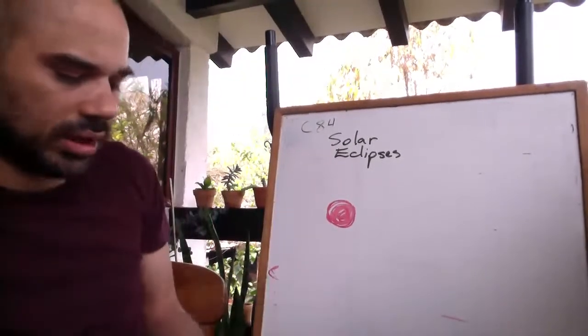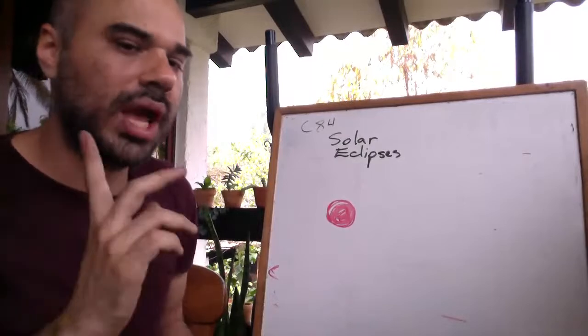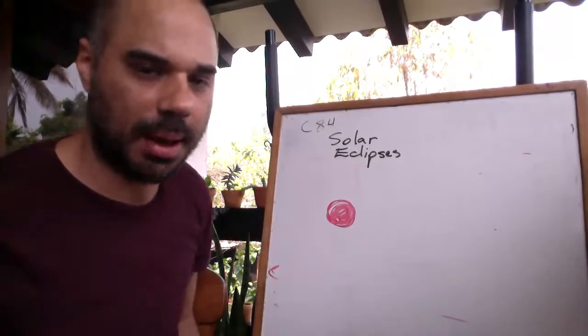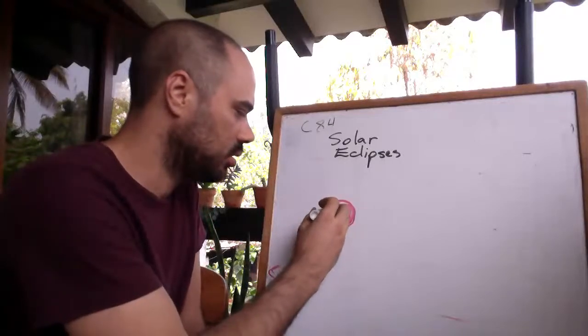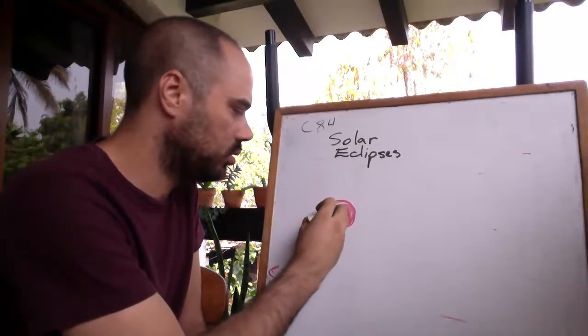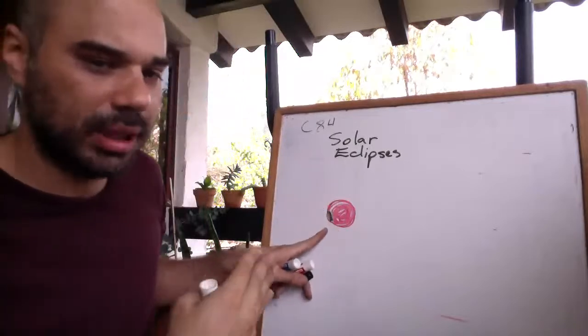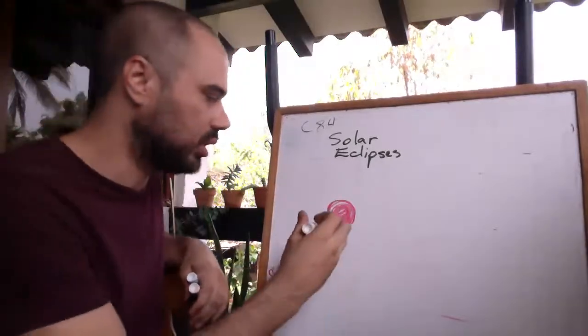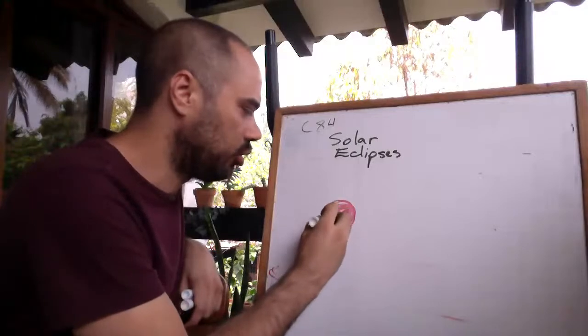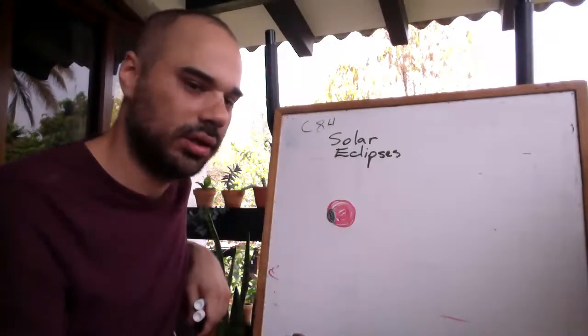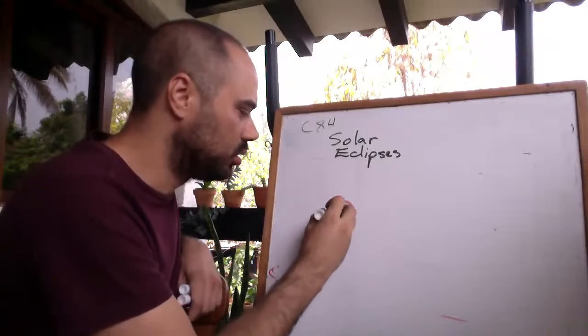Now, the thing is, when we have a solar eclipse, something strange is going to happen. A little bit, minute by minute, second by second, you will see a little bit more of the shadow of the moon.